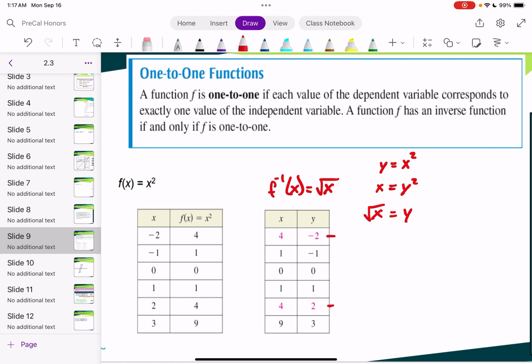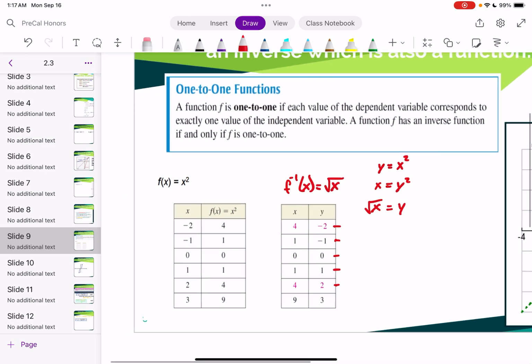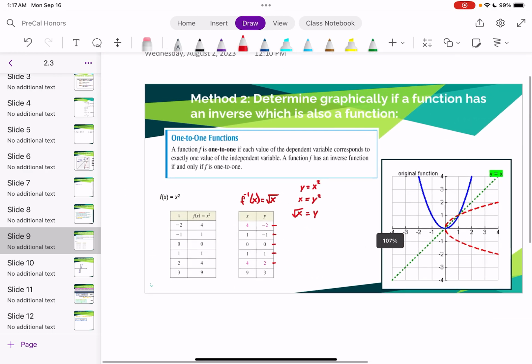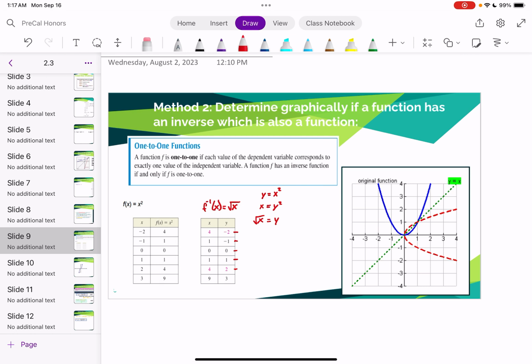For 1, 1 would give us positive 1 and negative 1. 0 would give us 0. And we go ahead and create our table. On the right-hand side, you can see how both of our tables create their specific graph and the image that it gives. As you can see, it does reflect over the y is equal to x line.